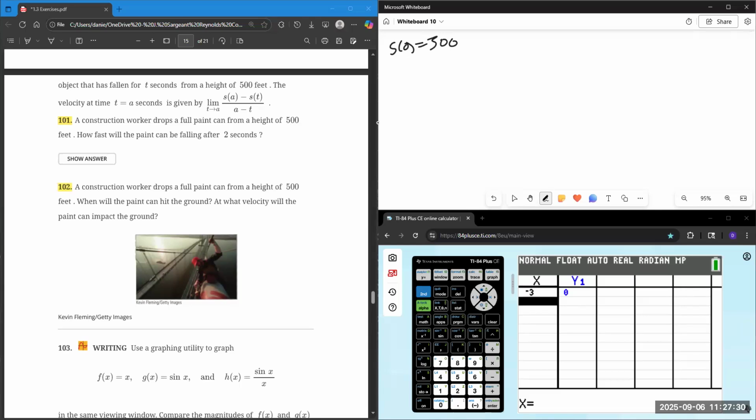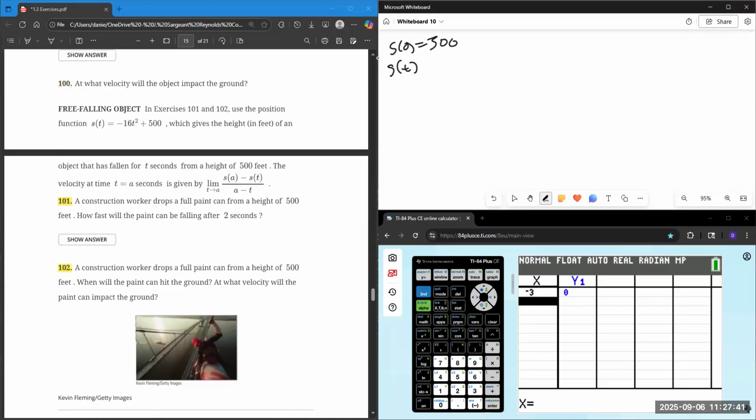S of a minus S of t. So S of t is equal to negative 16t squared plus 500. I'm going to need to find S of 2.